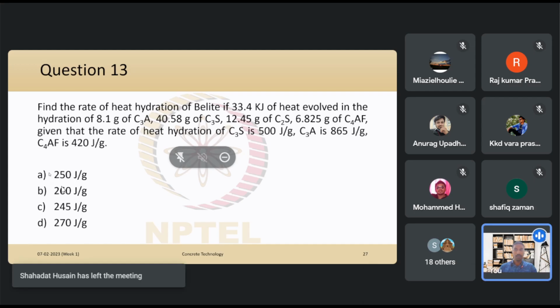Right? So the options are 250 joules per gram, 260 joules per gram, 245 joules per gram, and 270 joules per gram.